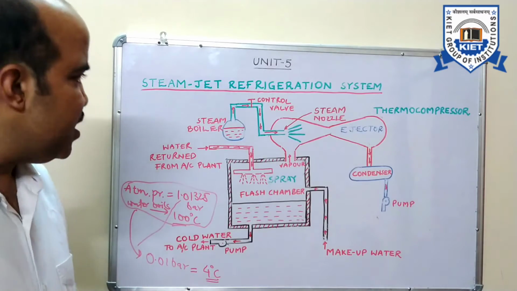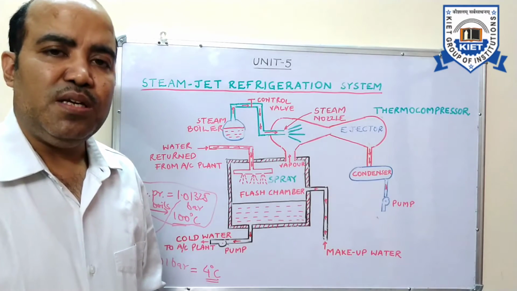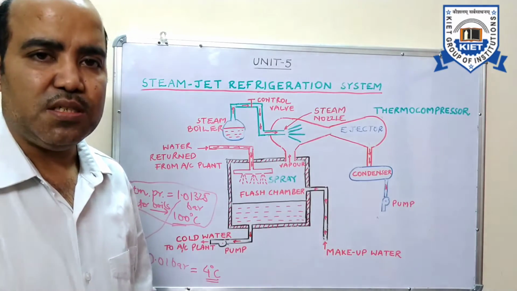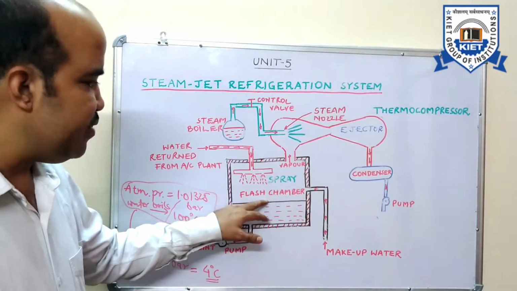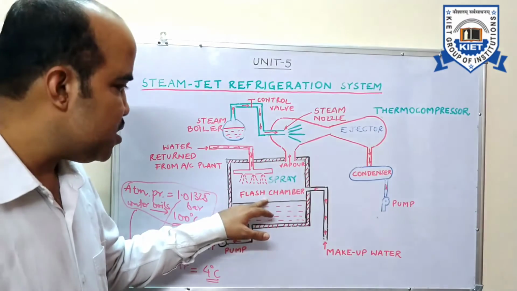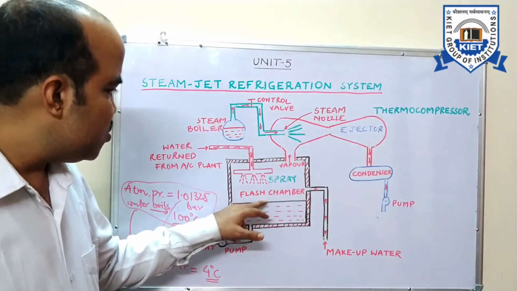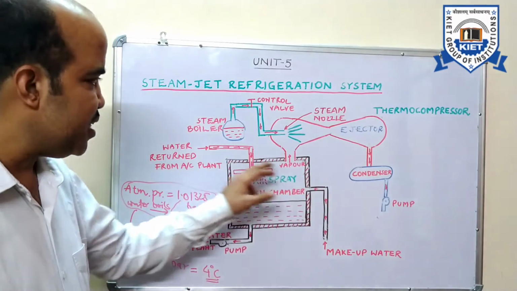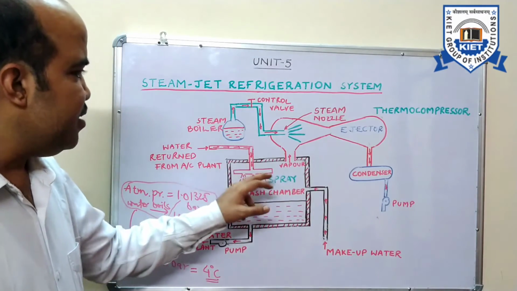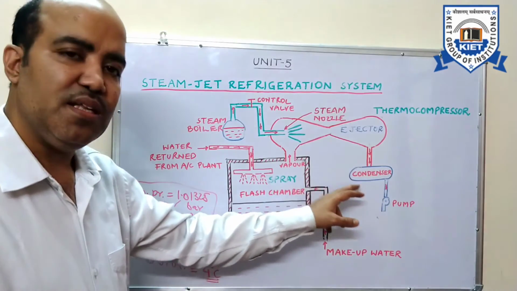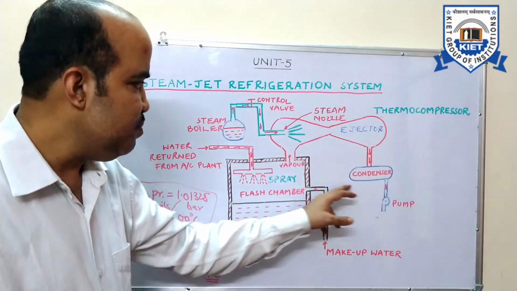As you can see, similar to the conventional vapor compression refrigeration system, here we also have the evaporator, which is also known as the flash chamber, and then we have the condenser, as you have seen in the vapor compression refrigeration system.